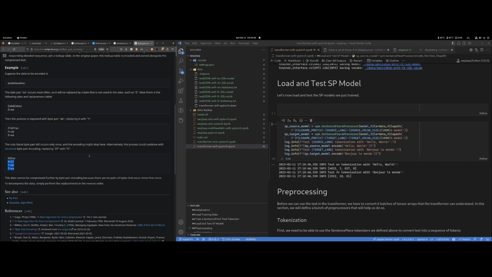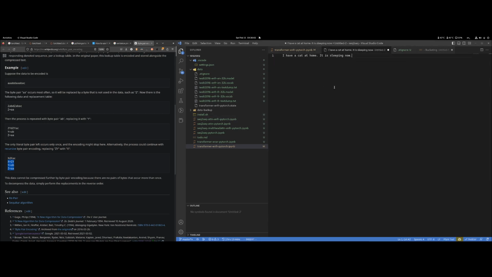You want to let your translator understand that ing is a common pattern, that it should actually be its own token. So what that means is that when you have something like I am sleeping, you would like your tokenizer to understand that this is actually sleep plus ing.